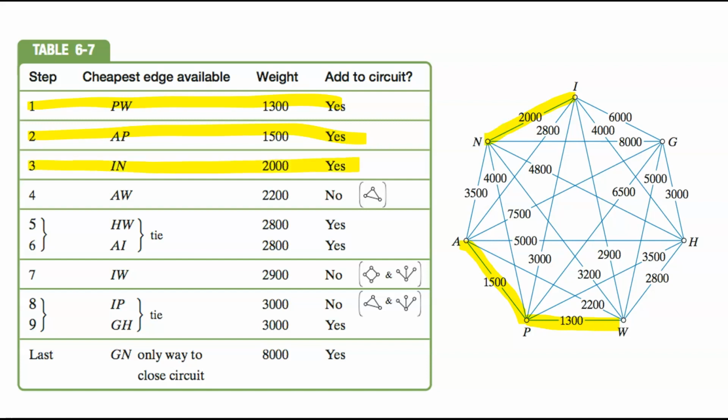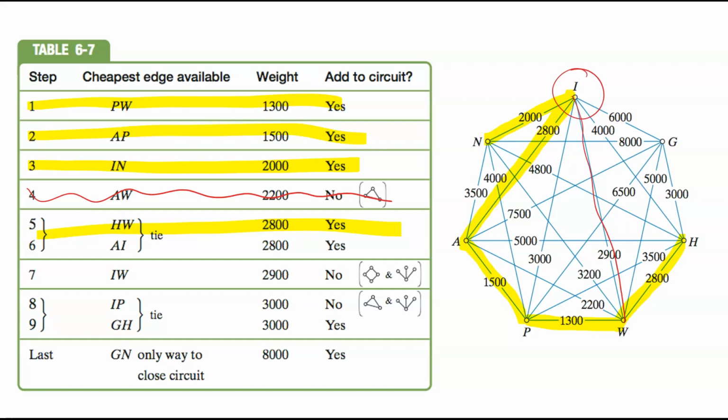Now AW, if we were to do AW, it would create a circuit. Do you see how it would close that loop? And we don't want to close any loops, so we're not going to do AW. The next 2 that we're going to do are HW and AI. And again, we're not breaking any rules. Now if we do IW, what happens?